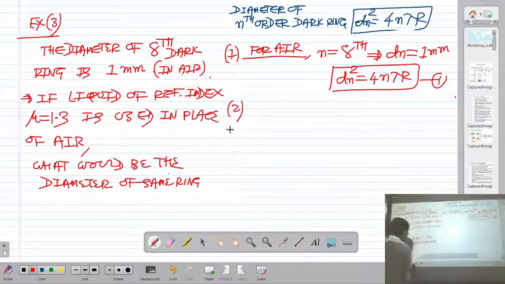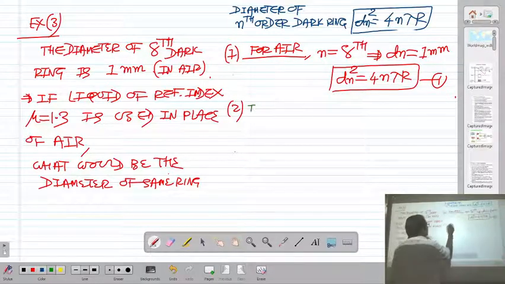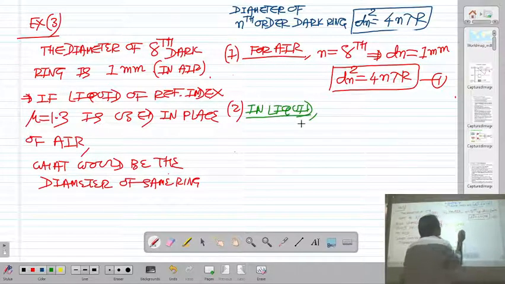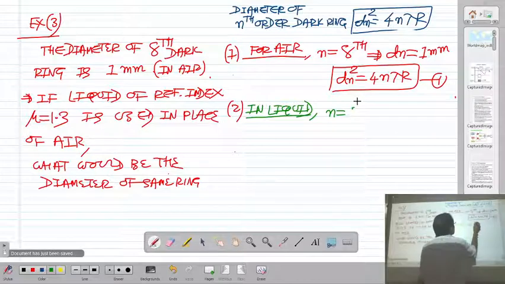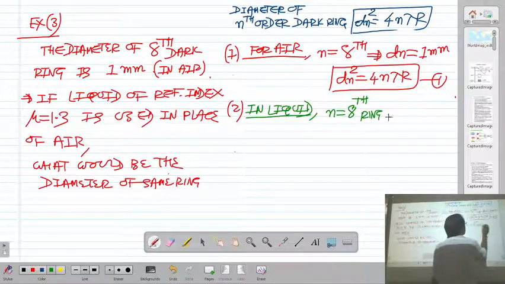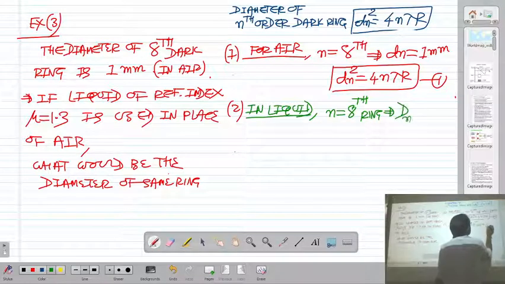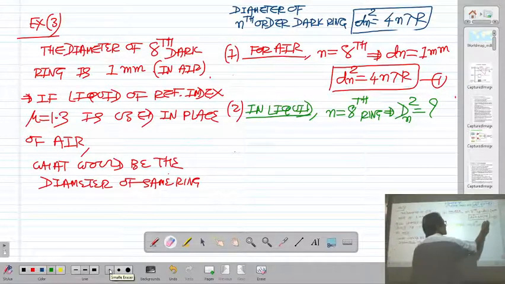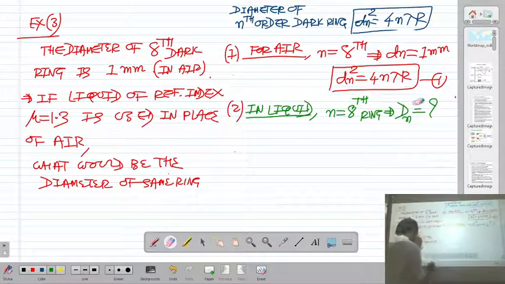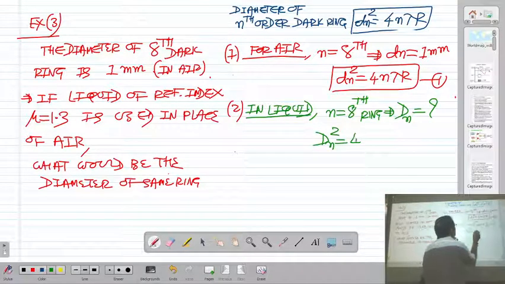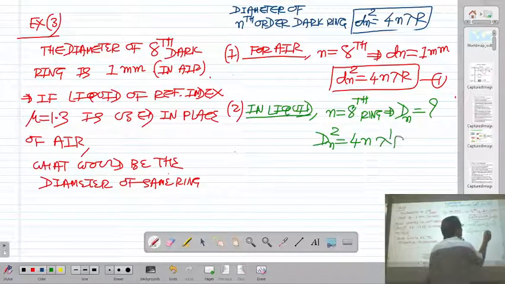Now in liquid, you are asked to calculate the diameter of the eighth dark ring. So in liquid, the equation will be capital Dn square equal to 4n lambda dash r. Equation number 2.